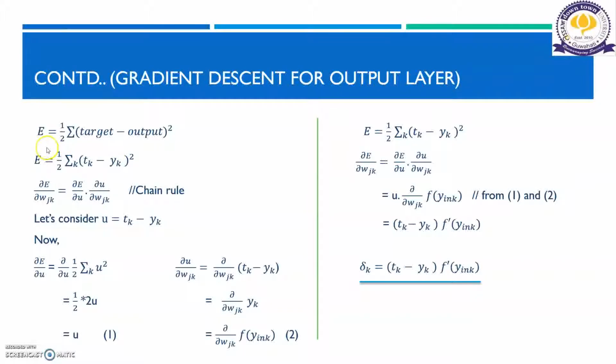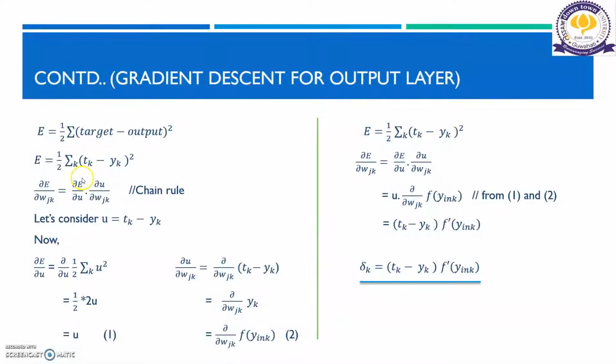Mean square error can be expressed in terms of this equation, which is just the average of target minus output. So this error can be formulated as tk minus yk, which is the target and the output value at the output layer unit.